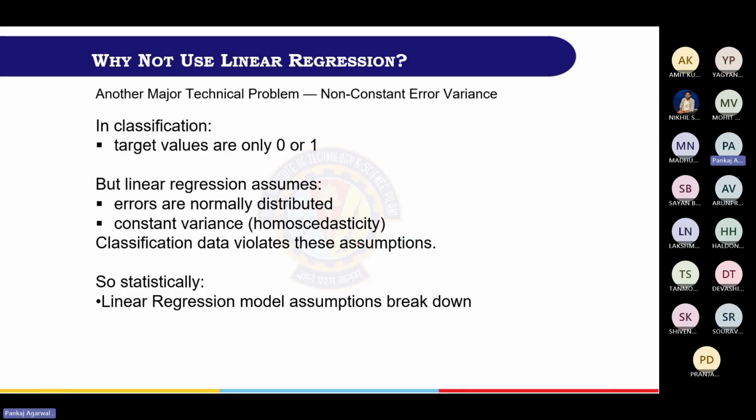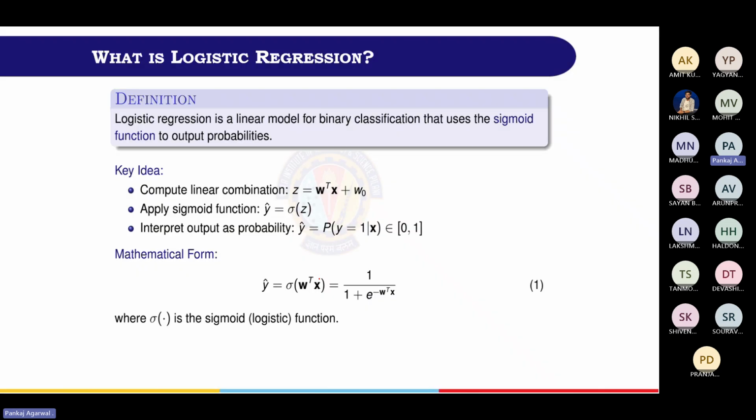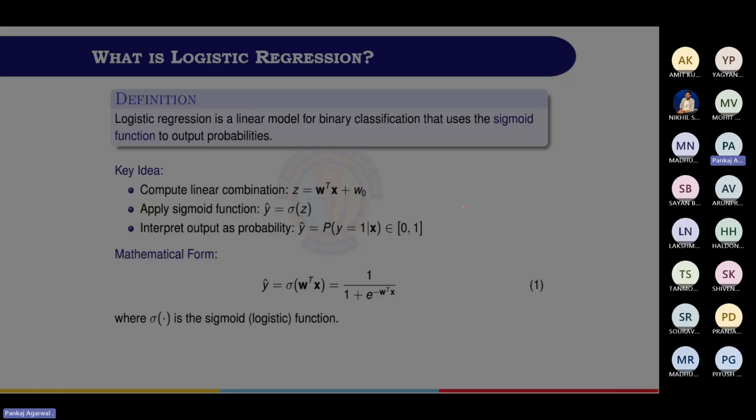Then we started with logistic regression, the classification model for binary classification, and we discussed the role of the sigmoid function. The entire linear model gets embedded into the sigmoid function.